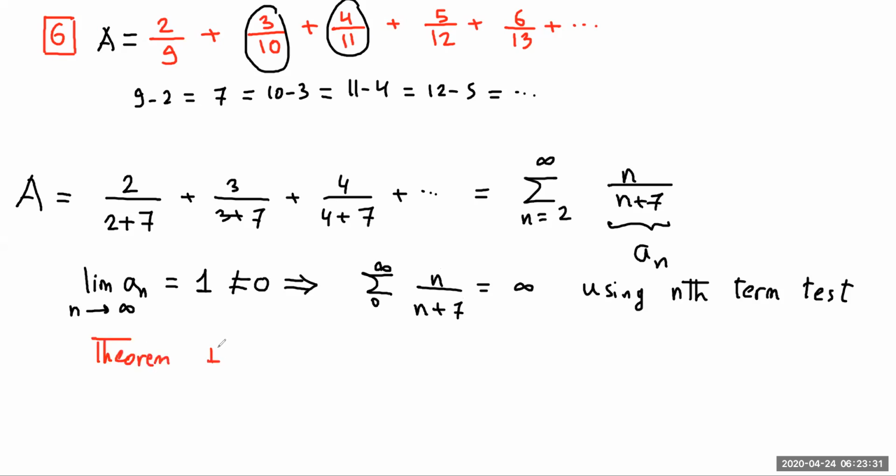It says that if the limit of an when n goes to infinity is not 0, then sigma an from 0 or 1 or 2, no problem, to infinity diverges. Diverges means the answer is infinity or doesn't exist.